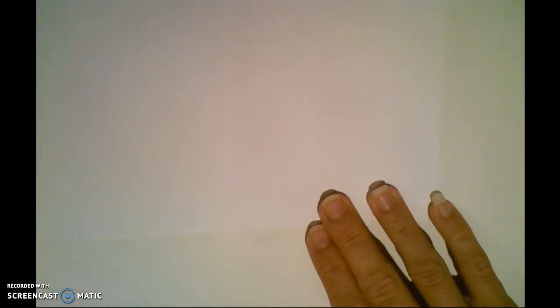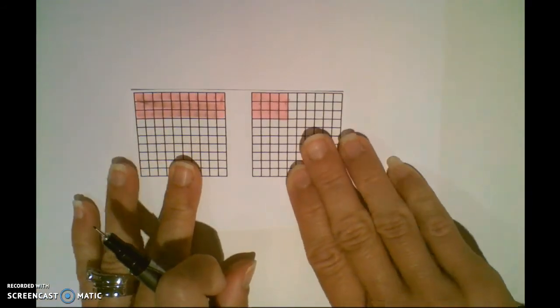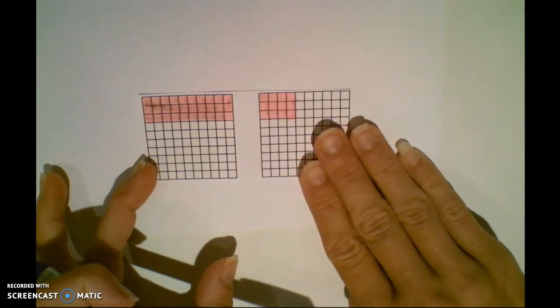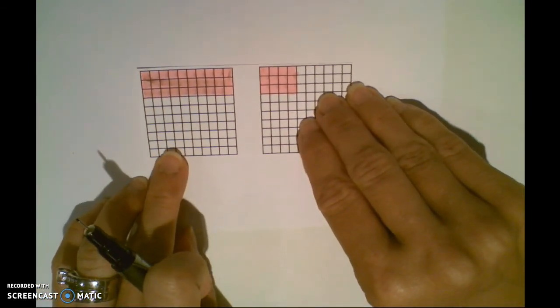Let's try another. Number 4. Now, number 4 is going to be a little tricky here, but I think we can still do this. Here in number 4, I needed to use 2 grids to show this problem.